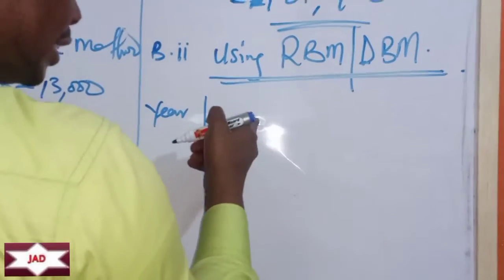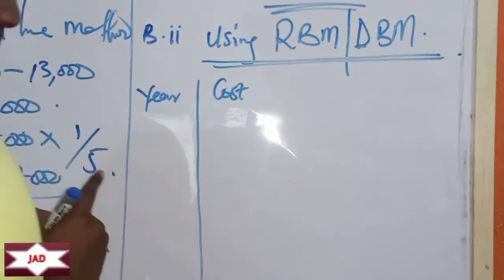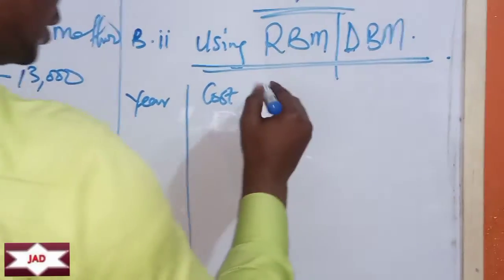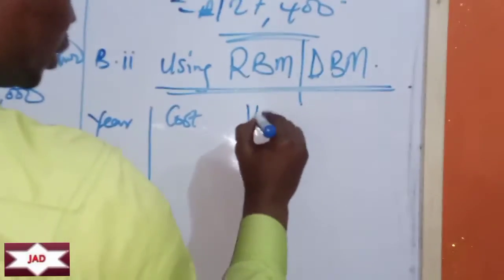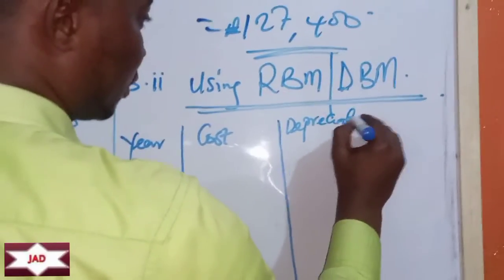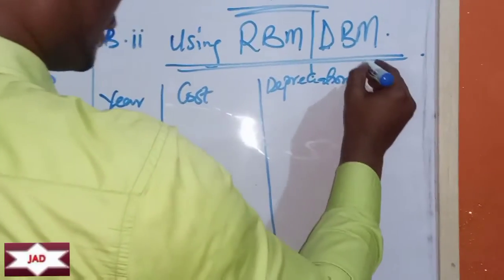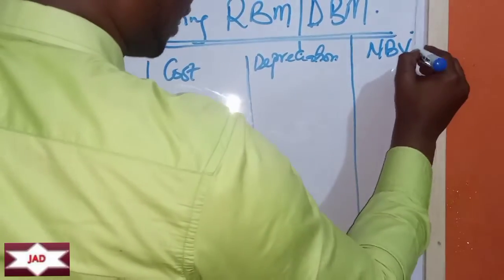So we can call this the cost of the asset. This would be the depreciation. So we can call this net book value.